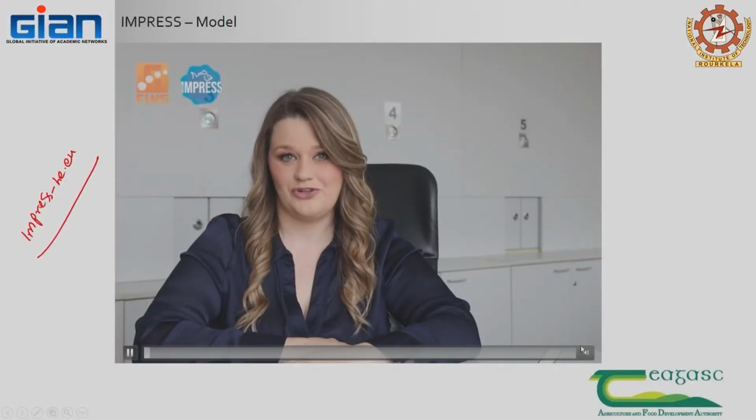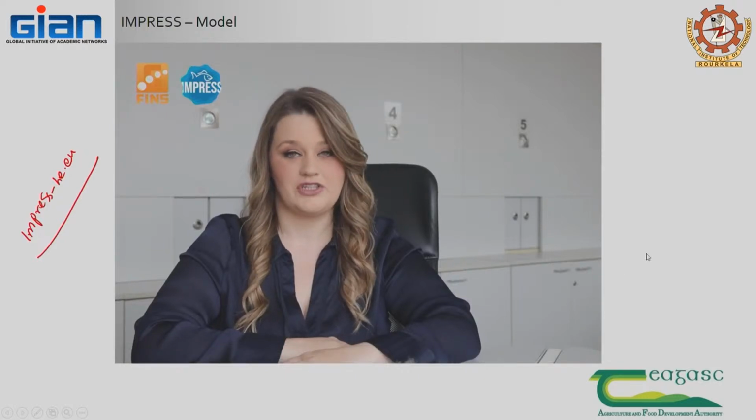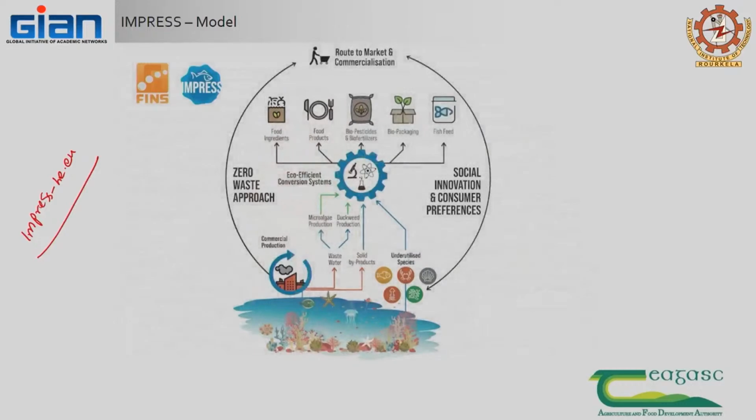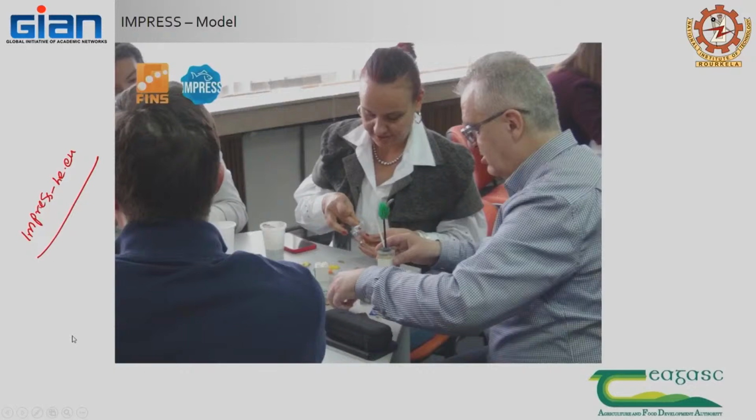Have you ever wondered how all of us can spark food innovation? At Impress, our industry-driven project, we are co-creating innovative food products from sustainable freshwater and marine ingredients through teamwork and collaboration.